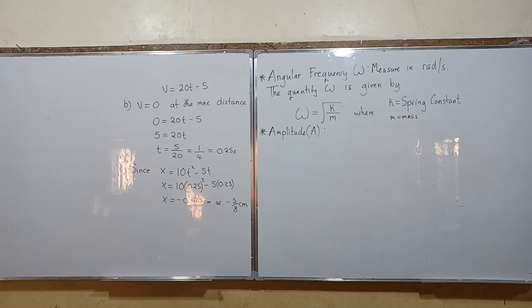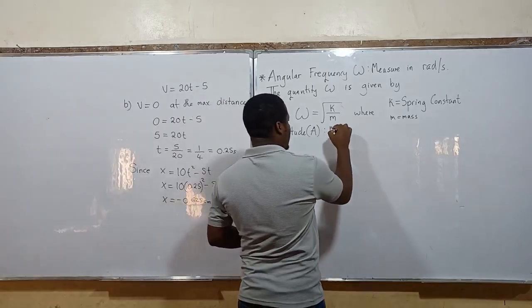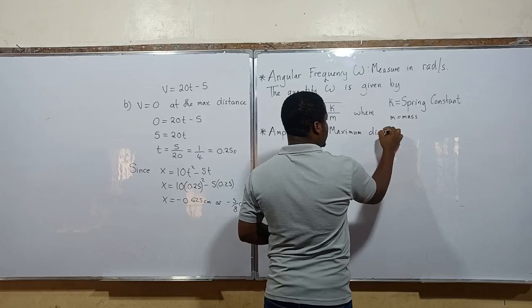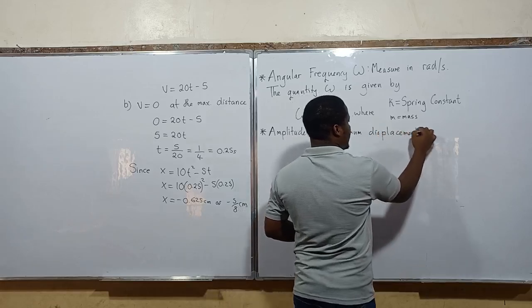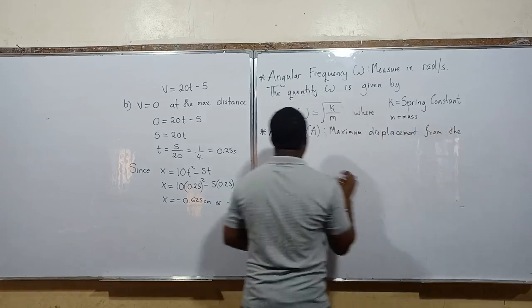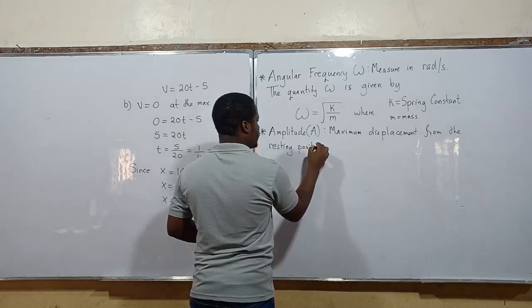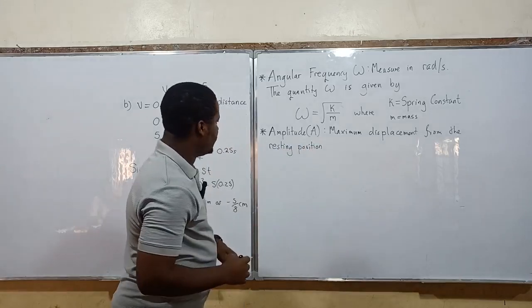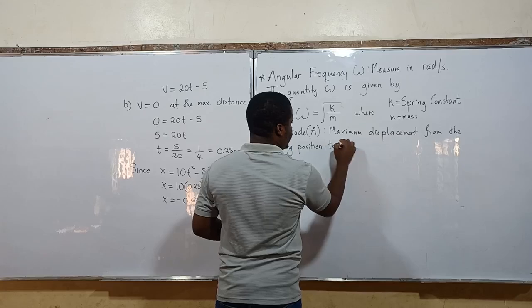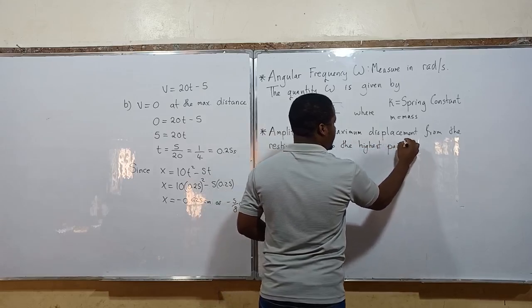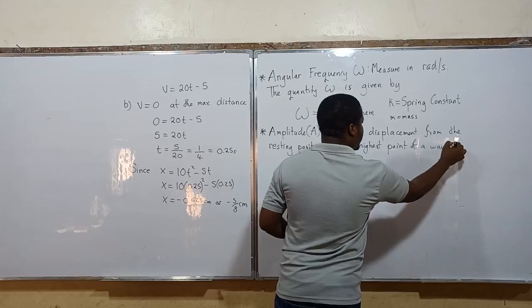So let's define it this way. Amplitude is the maximum displacement from the resting position, to the highest point of a wave.